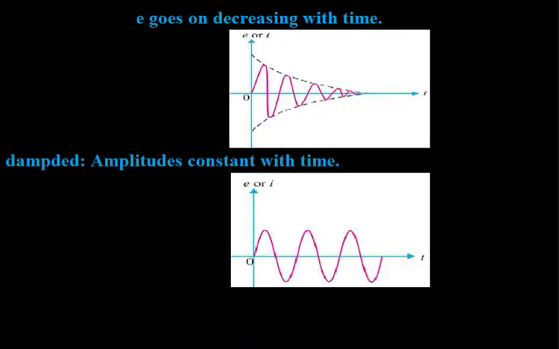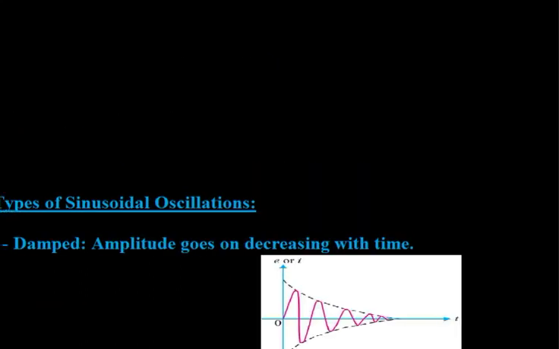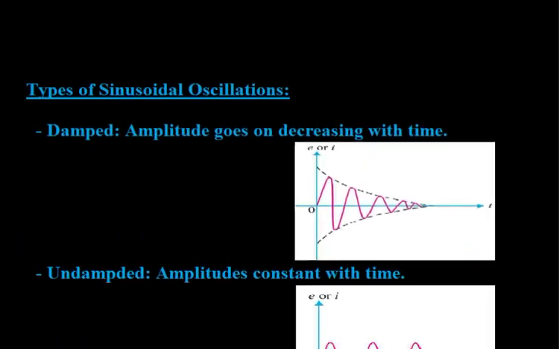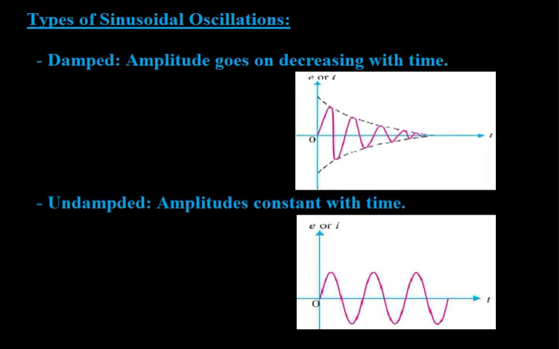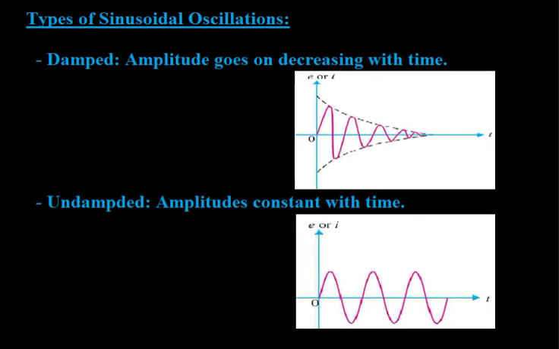If we consider sinusoidal oscillation, we can have two types of oscillations, which are called damped sinusoidal oscillations and undamped sinusoidal oscillations.